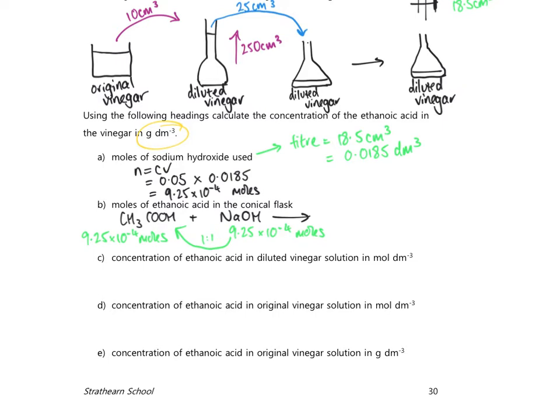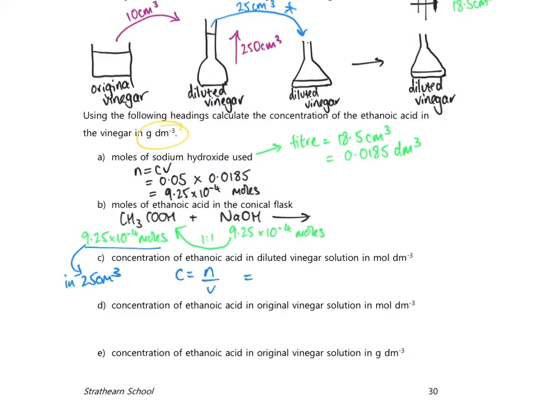So we know that in our conical flask, we have 9.25 times 10 to the minus 4 moles. We know that that is in 25 centimetres cubed because we pipetted 25 centimetres cubed into our conical flask if you look up at our diagram above. So there's 9.25 times 10 to the minus 4 moles in 25 centimetres cubed.